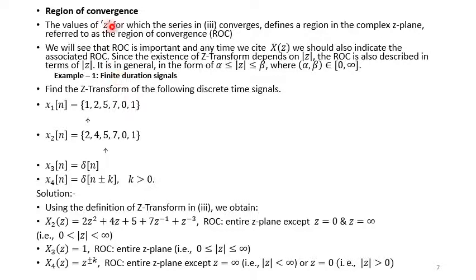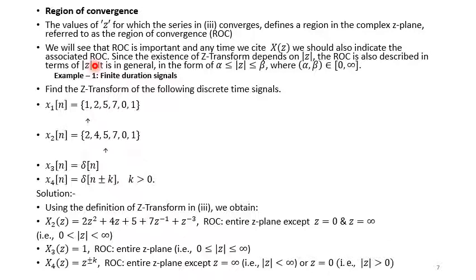So the value of z for which the series converges defines a region in the complex plane, and that is called the region of convergence, right? So region of convergence is a region in the complex plane which shows the values of z.